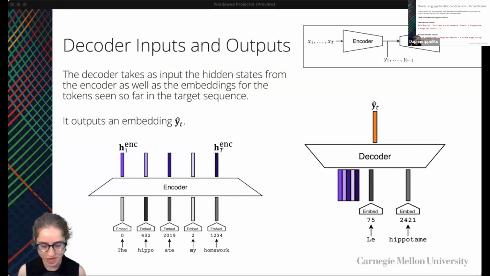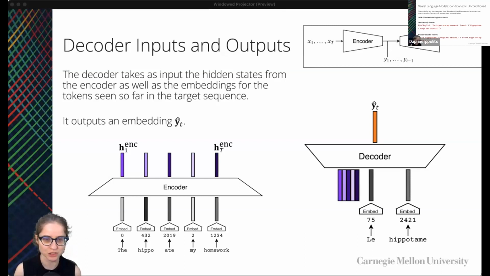Remember that we are training neural networks on training data. In this case, I'm showing a machine translation example, so we have pairs of English and French sentences. The true next word in the French sentence, I didn't show this, is the word "a", because that's the past tense you need for saying the hippopotamus ate my homework.